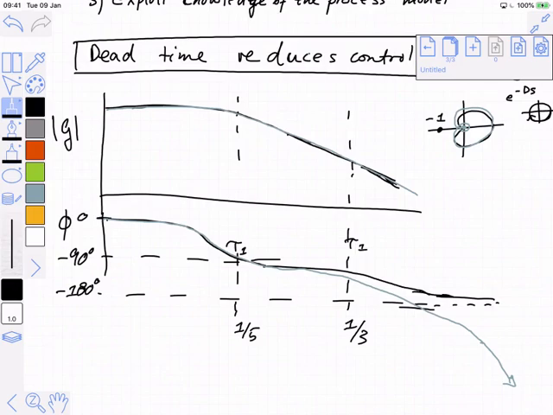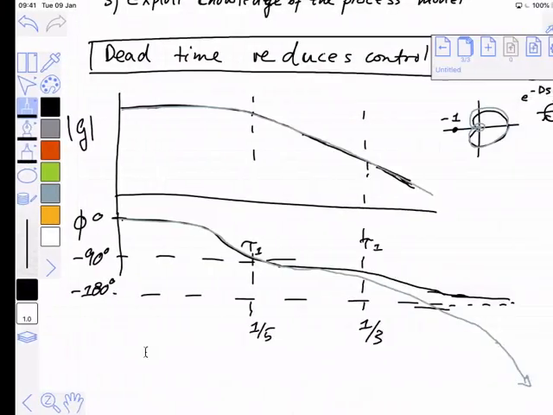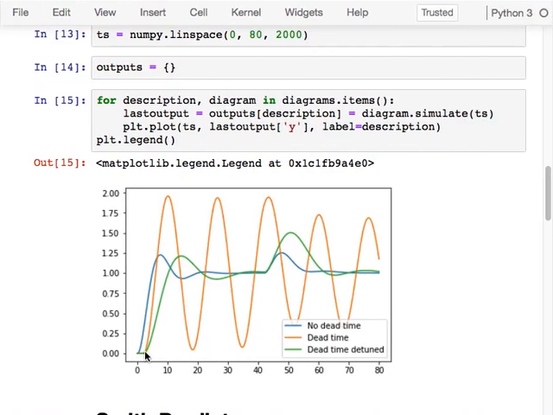The nice thing about dead time, though, is that it's relatively simple to predict what the response of a dead time free system will look like. If I have a relatively good model of the system, I can effectively just take out the dead time and use exactly the same response model.